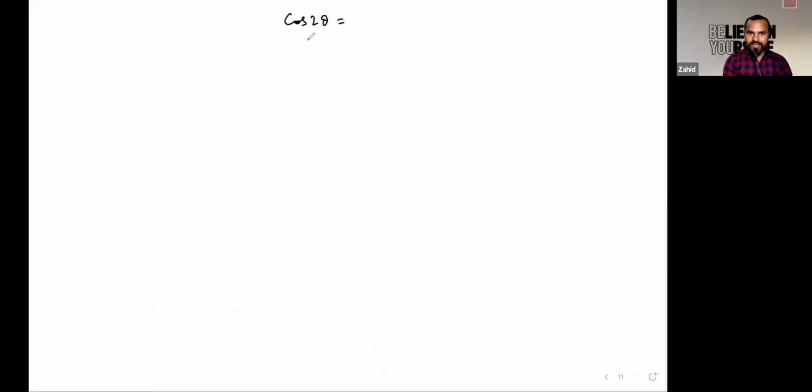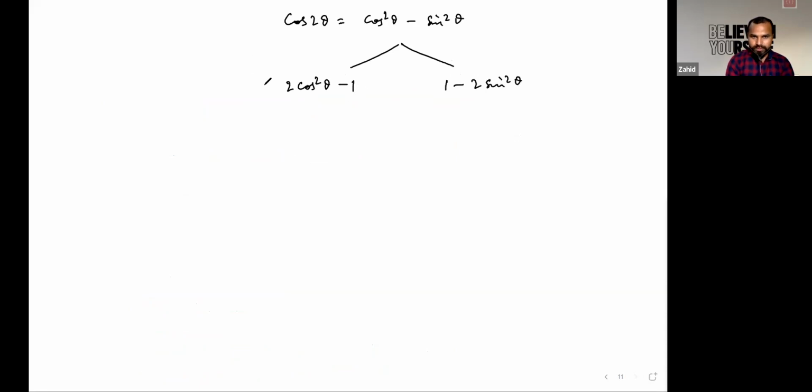In the trigonometry part, I defined how to calculate cos 2 theta. So it was cos square theta minus sine square theta. Take this term into only cos or only sine. So it will be 2 times cos square theta minus 1, or 1 minus 2 times sine square theta. So if you move this 1 to the other side, you will get 1 plus cos 2 theta is equal to 2 times cos square theta.